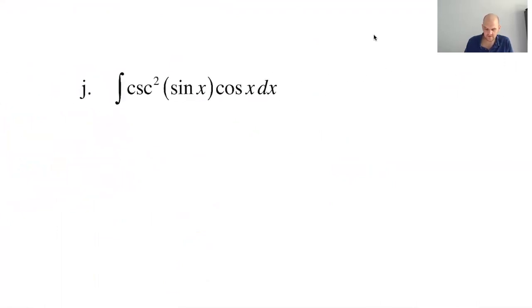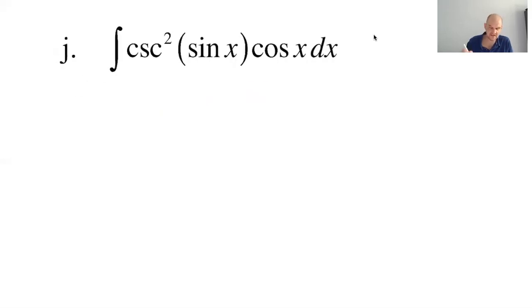All right, what are we doing here? So I see cosecant squared of sine and then times cosine. Well, the derivative of sine is cosine. So if I make this u, this is just going to be du, and then it's cosecant squared of u du. Seems doable because cosecant squared is almost the derivative of cotan.